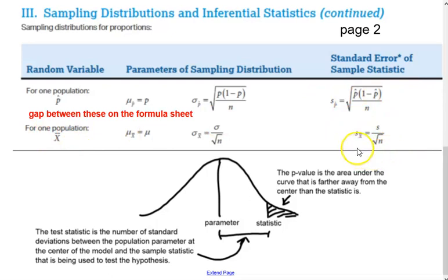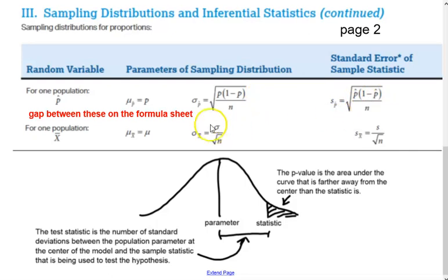Now we did mention that if I know the population mean, I'm going to be using that. If I know the population proportion, I'd be using p in here, or p naught if I'm talking about a hypothesis test, my hypothesized value for p. If I'm making a confidence interval and I don't know anything about the population, then I use p hat here in the formula.